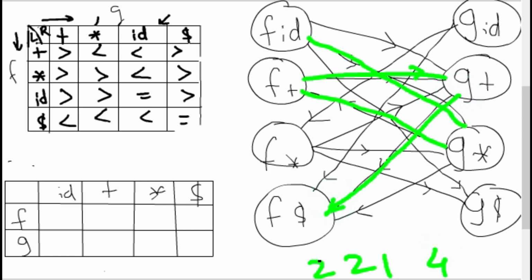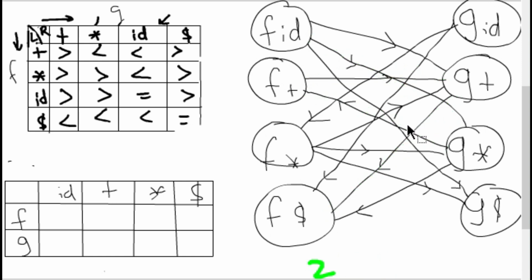We just need to reach the dollar sign at the last. So there is one path which has 2 edges, another path which has 2 edges, another path which has 1 edge, and another path which has 4 edges. We have to choose that path which has the highest number of edges. So this path has 4 edges, the highest number of edges.